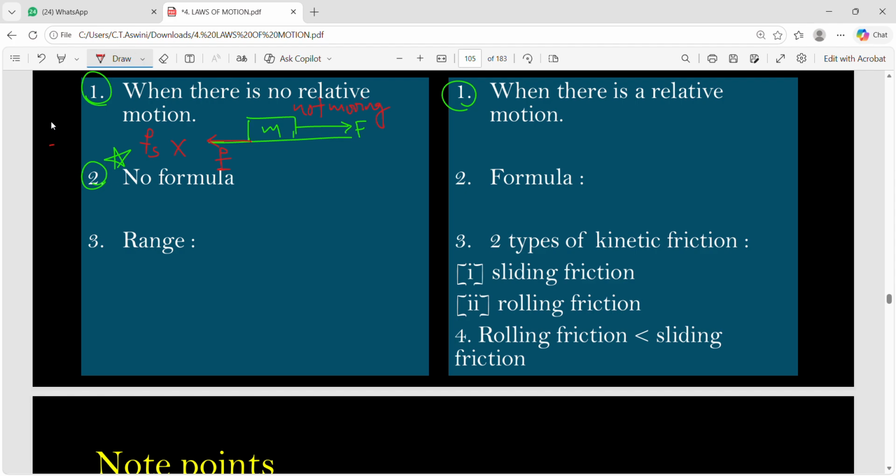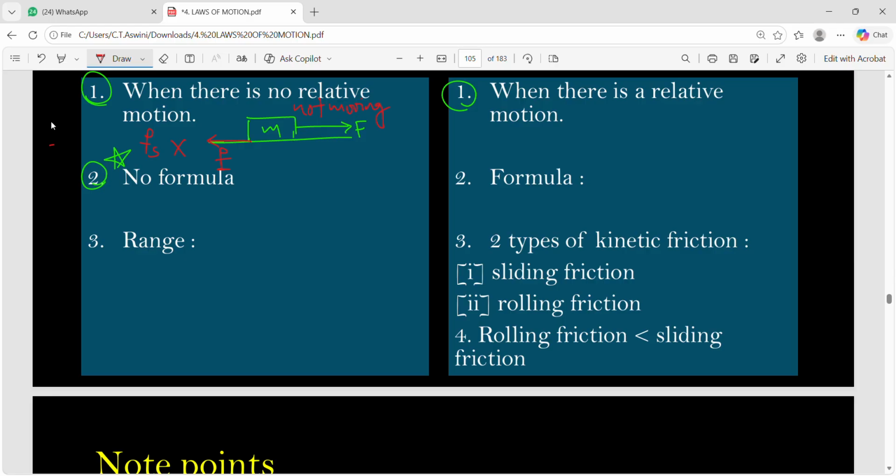Now, I have a doubt. See, rough surfaces will apply the friction. That is fine. Is there any limit to that friction applied? Surfaces will apply the frictional force, but how much frictional force will they apply? 100 or 1000 or 2000? There will be a limit, right?